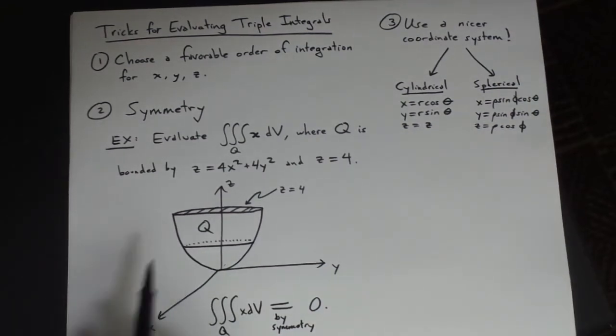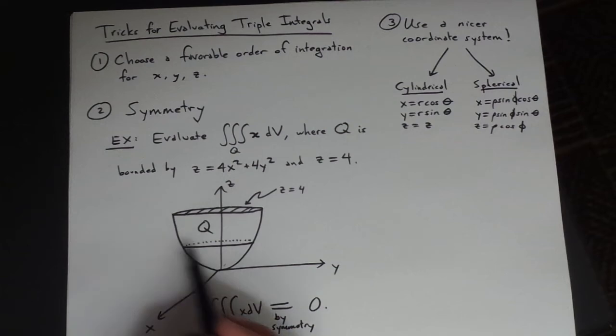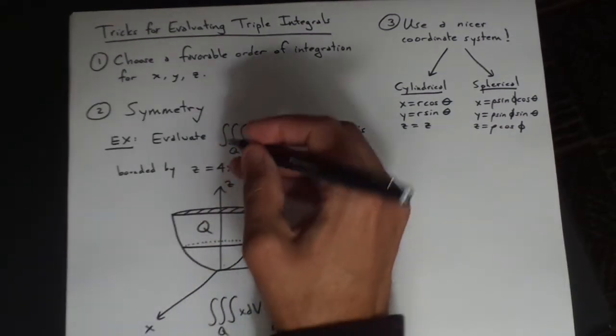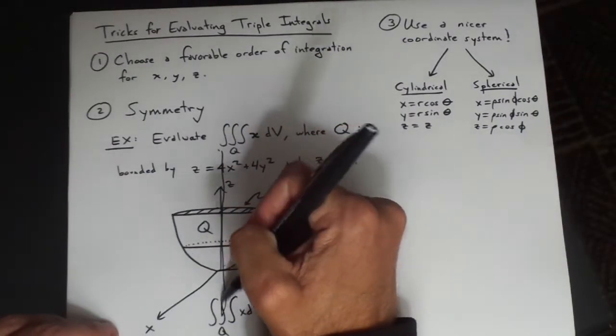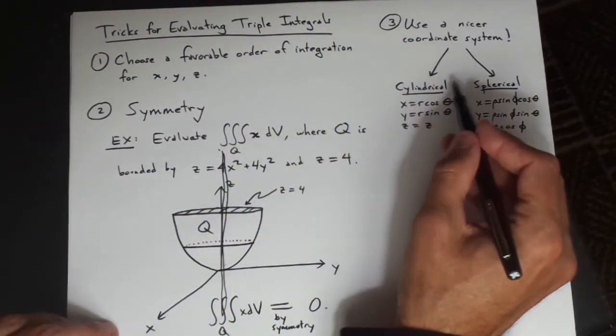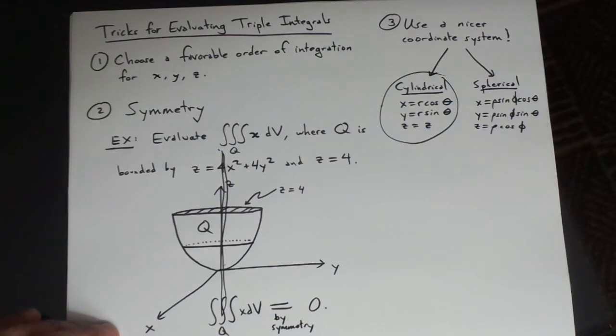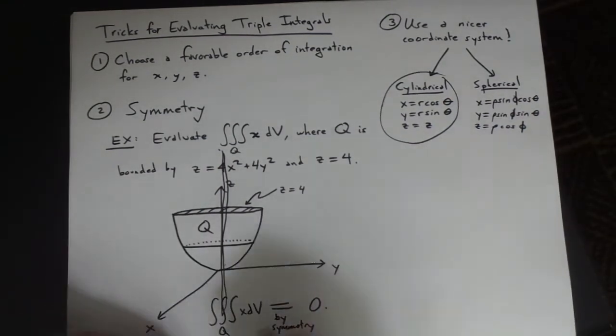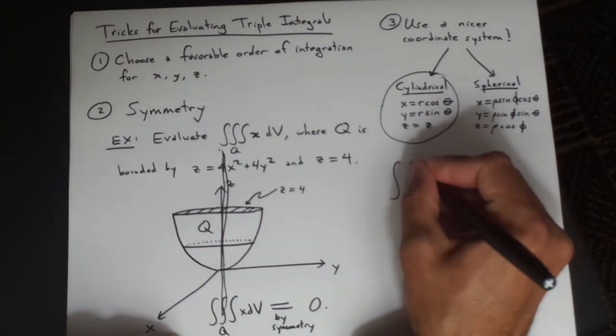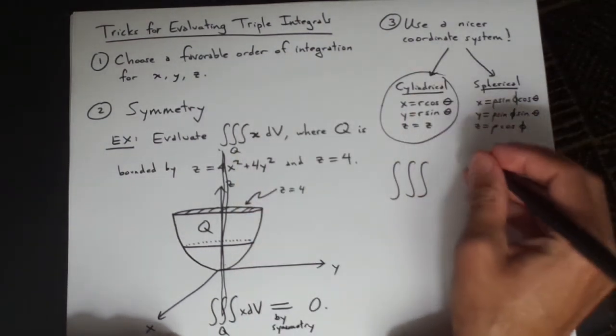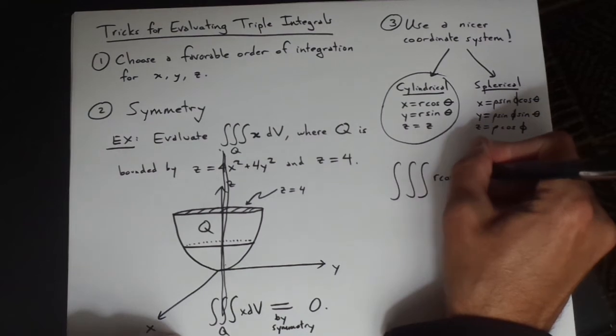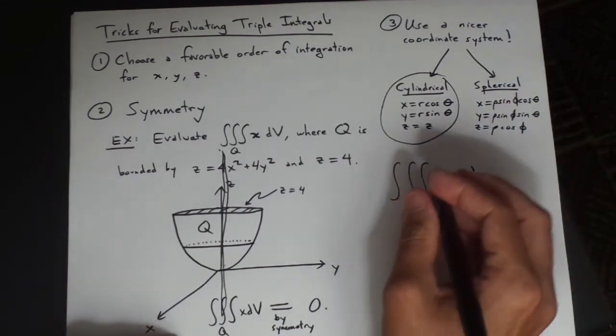In fact, if you look at example 2, where I used the symmetry on the paraboloid, there's a lot of symmetry along the z-axis there. We could actually use a cylindrical coordinate system to evaluate this triple integral. In particular, I would change the x to r cosine theta, right?